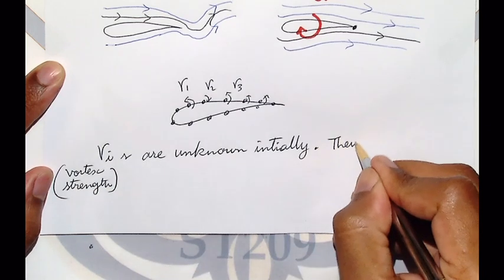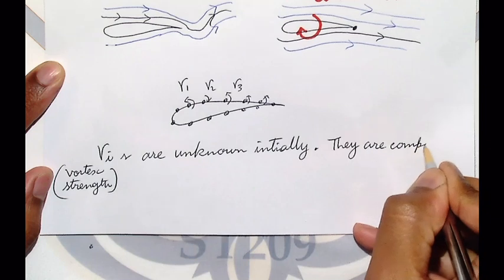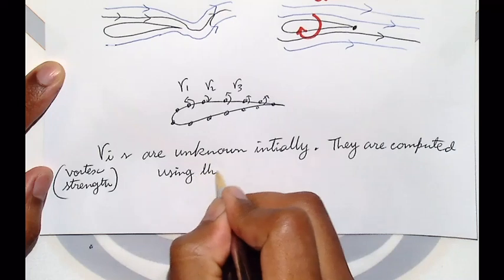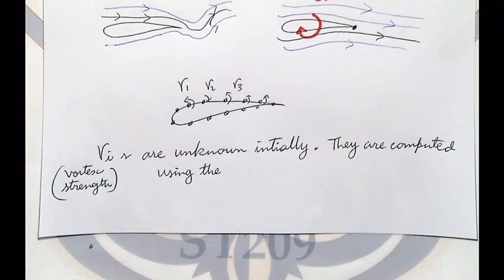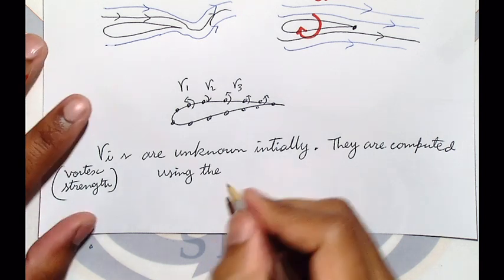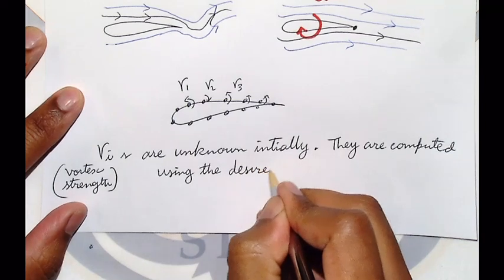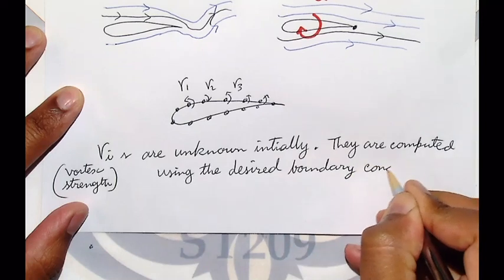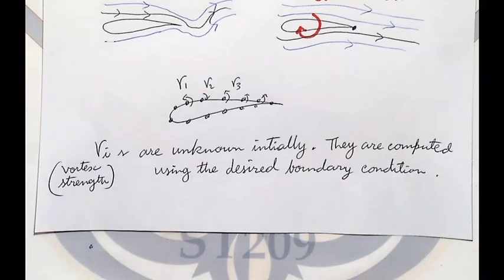And they are computed using, how should I say, the desired outcome, let's say, the desired boundary condition. Okay, so for the time being, it might still be a little abstract to you, but let's talk in terms of a cylinder, okay, where there's no issue of generating lift.